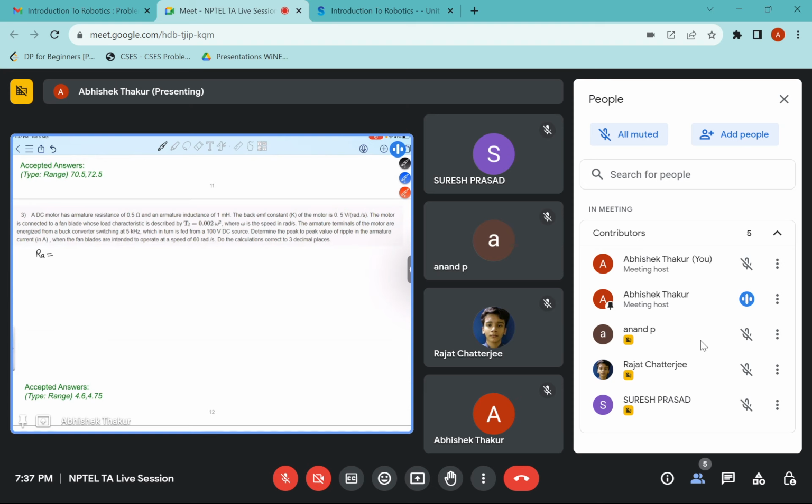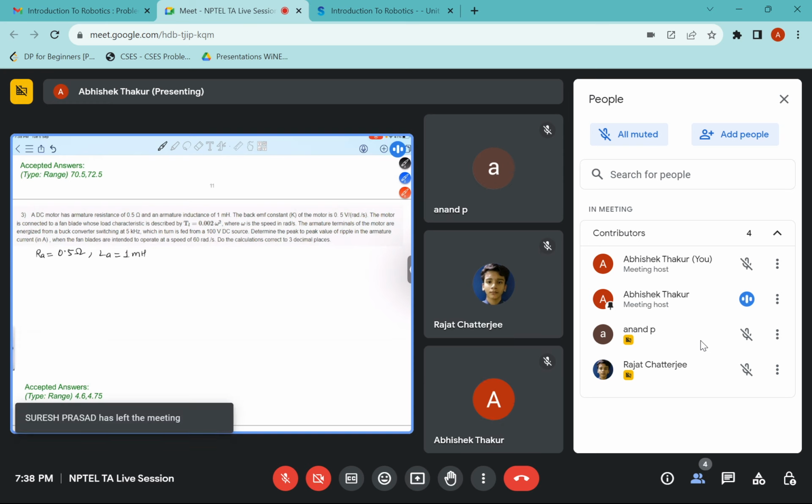Here it is given the armature resistance that is 0.5 ohm, and the inductance is given as 1 millihenry, and the back EMF constant K of the motor is given as 0.5 volt per radian per second, and TL is given as 0.002 omega square.